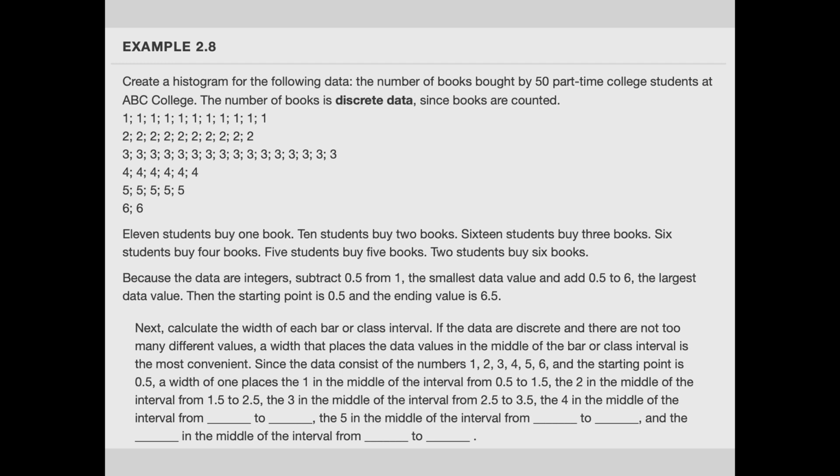Okay, next, calculate the width of each bar. So if you're going to go from 0.5 to 6.5, and we're going to have a total of 6 bars here, then we want to make sure each bar is going to be 1 unit wide. Okay? All right.